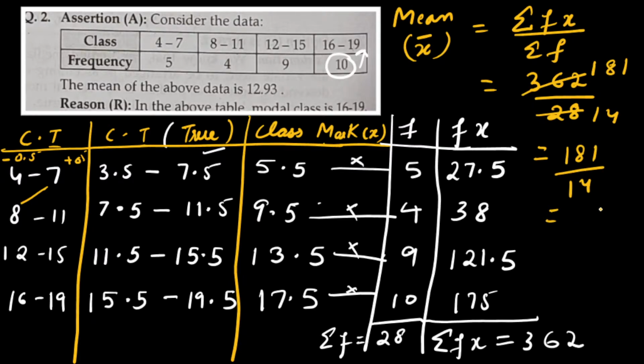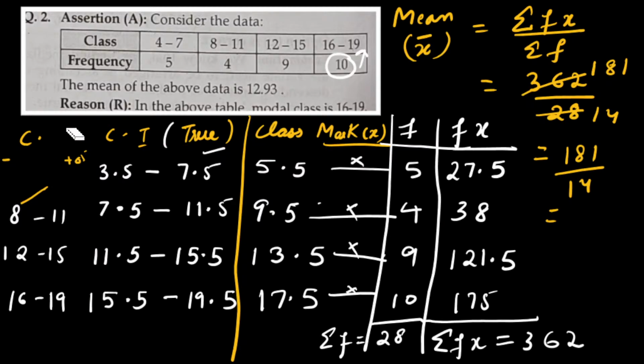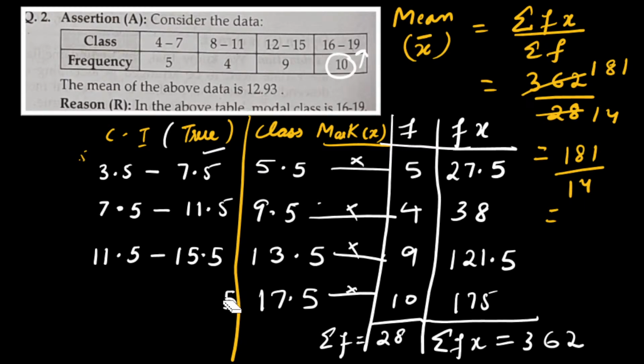Just divide this and tell me the answer. I think it will be in decimals. Directly also you can divide. So what is the answer? Actually you have to divide and tell.